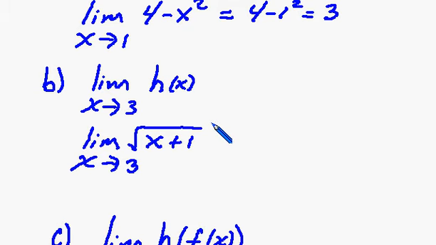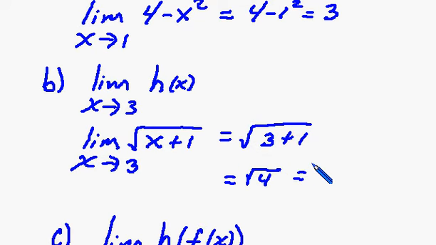And then we're just plugging 3 directly in, right? So we've got the square root of 3 plus 1, which is the square root of 4, which simplifies down to 2. So the limit of h as x approaches 3 is 2.